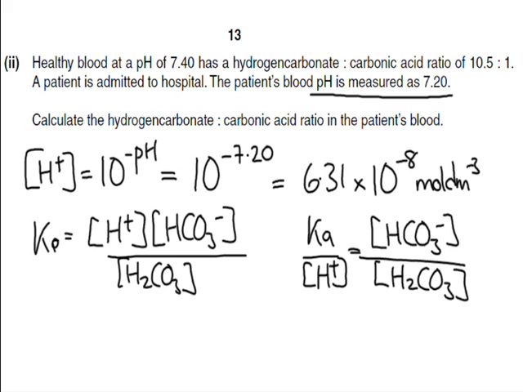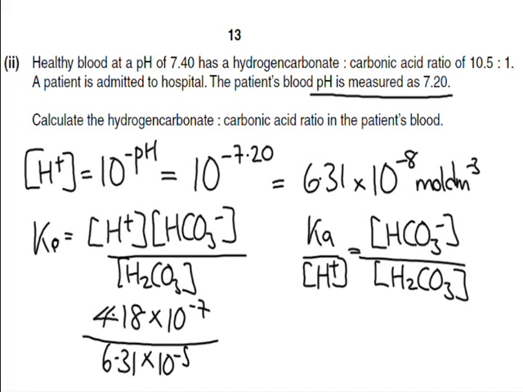So let's put the numbers in. We had a Ka of 4.18 times 10 to the minus 7, and we divide it by the concentration of H plus, 6.31 times 10 to the minus 8. That gives you 6.6 divided by 1, or 6.6 to 1 as the ratio, which is what you're asked to calculate.